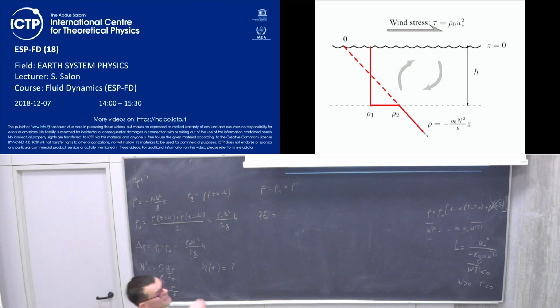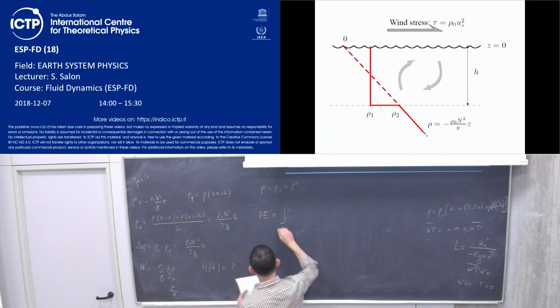So we start from the situation at t equal to 0, where we have the linear density perturbation in depth. Then we have the effect of the wind stress, and after some period t, we will obtain a value of h.